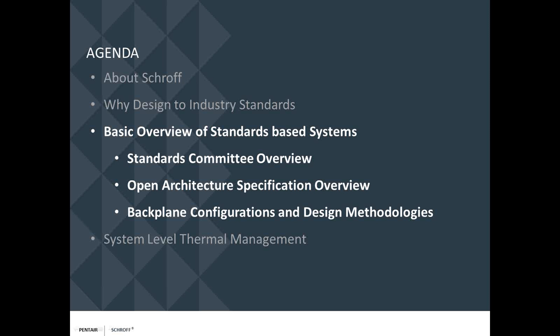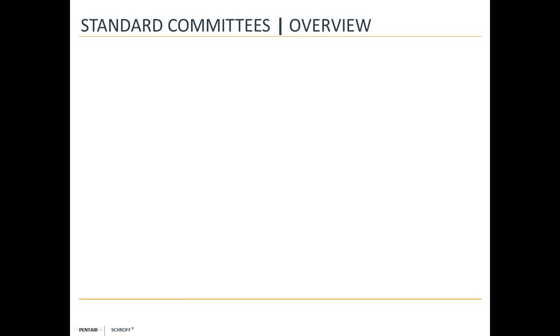Moving along. Now we're going to do a basic overview of standards-based systems, including an overview of the committees and the various specifications. As mentioned, the globalization of commercial electromechanical packaging solutions coupled with highly competitive marketing landscapes creates a demand for internationally valid standards.